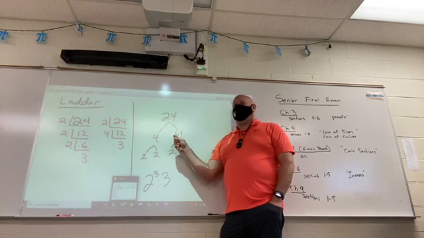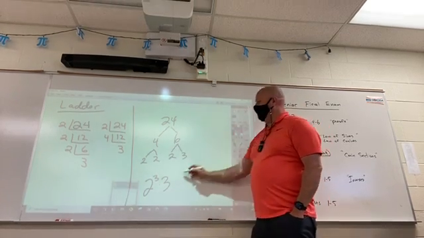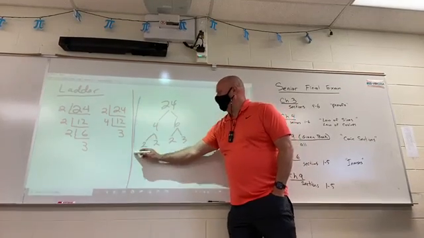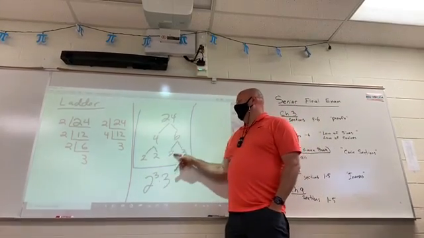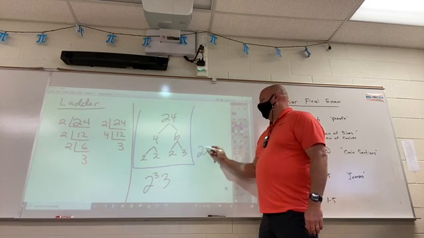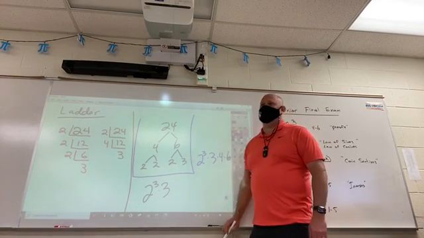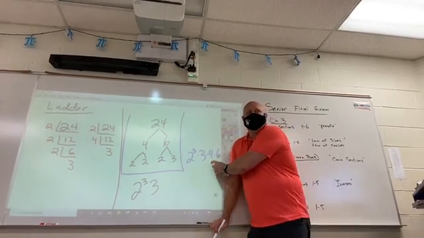Because the mistake a lot of people make with the tree method is they'll get to this answer and they'll go, all right, I got 3 2s, I got a 3, I got a 4 and a 6. What's wrong with this answer?